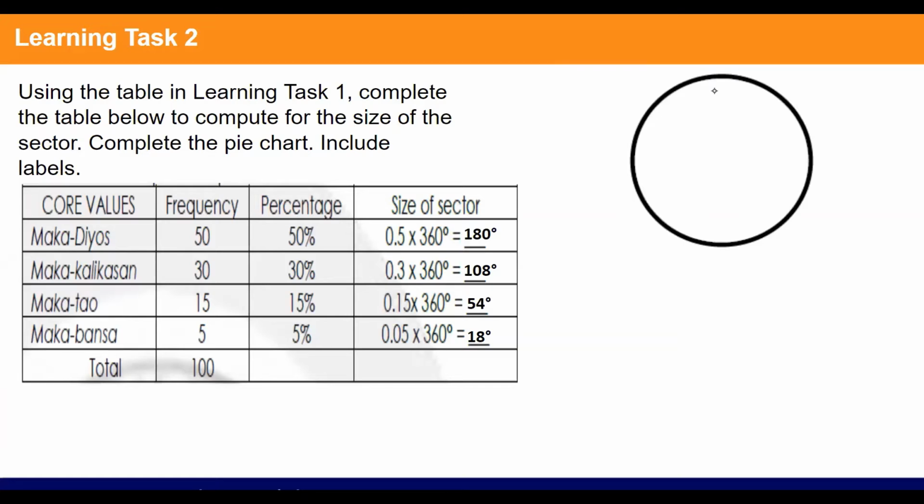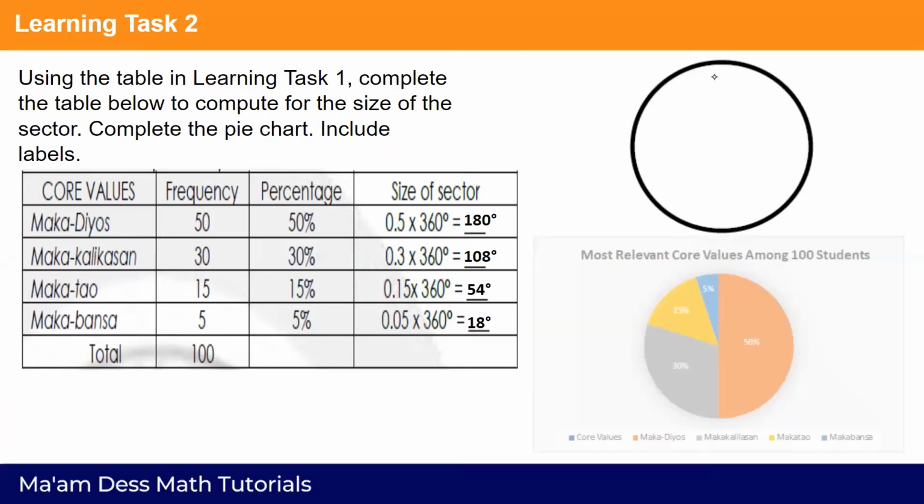Now, look at the finished product. The title is Most Relevant Core Values among 100 Students. Since it is 180 degrees, meaning 50% or kalahati ng circle. Next, 108 degrees. Alin po ang 108 degrees natin?